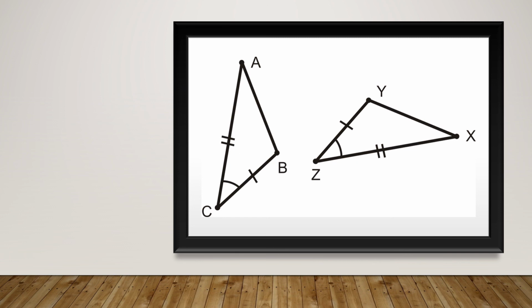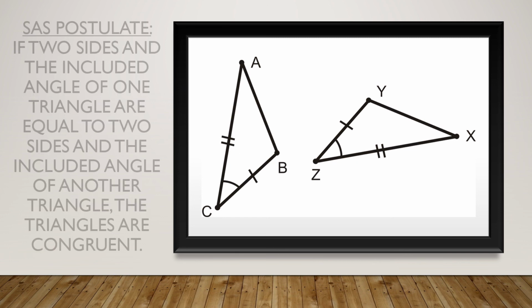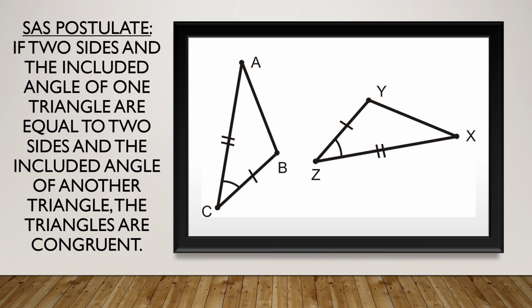And this brings us to a second postulate that we're going to explore throughout this chapter, and that is the SAS, or the side angle side postulate. And this states that if two sides and the included angle of one triangle are equal to two sides and the included angle of another triangle, then the triangles are congruent.